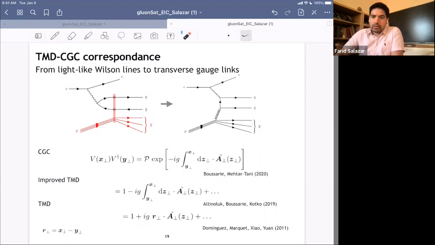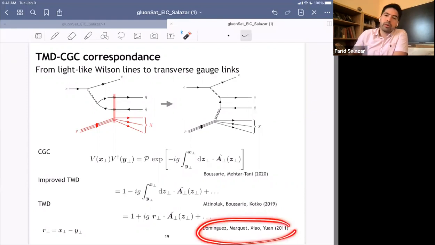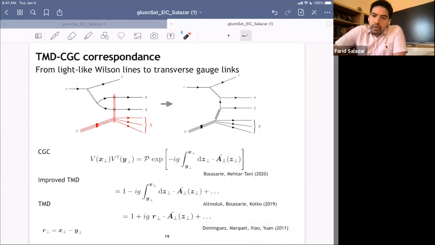So it was shown in this landmark paper that both frameworks agree with each other in their common domain of validity, when the momentum imbalance is very small and when you are at sufficiently small x.